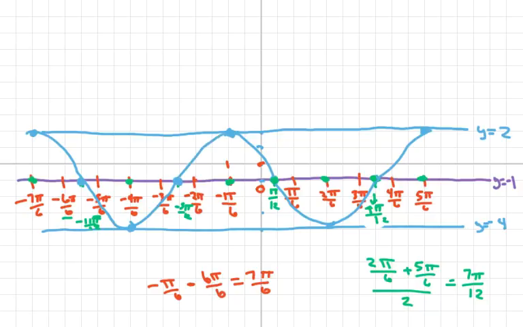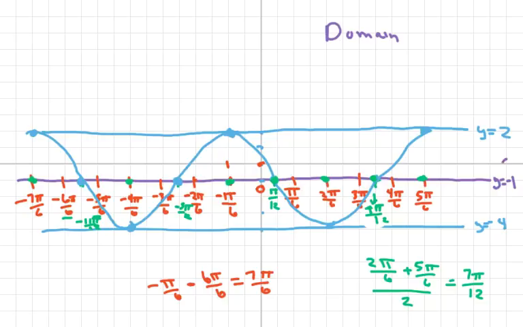Okay, so there's the cosine wave that's been shifted to the left by pi over 6, or 30 degrees, shifted down by 1, with the amplitude of 3. And if I look at the domain, that is your x part, or your angles, basically.